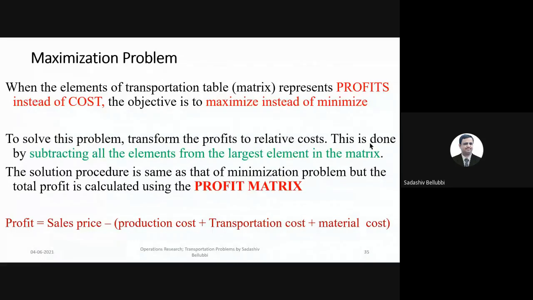That cost may be production cost, transportation cost, material cost, packing cost, printing cost, or even advertisement cost. All the costs that you subtract from the sales price, that is the profit. With this introduction, we'll start with the problem.